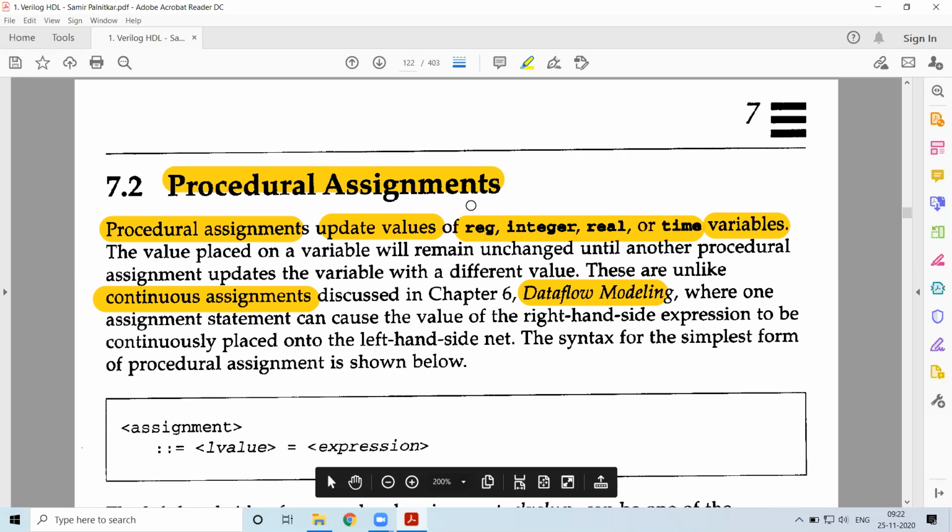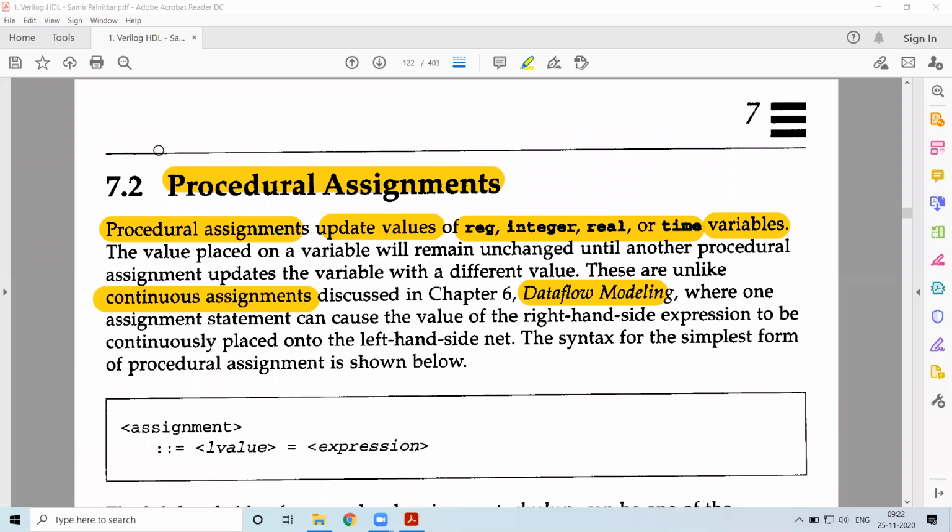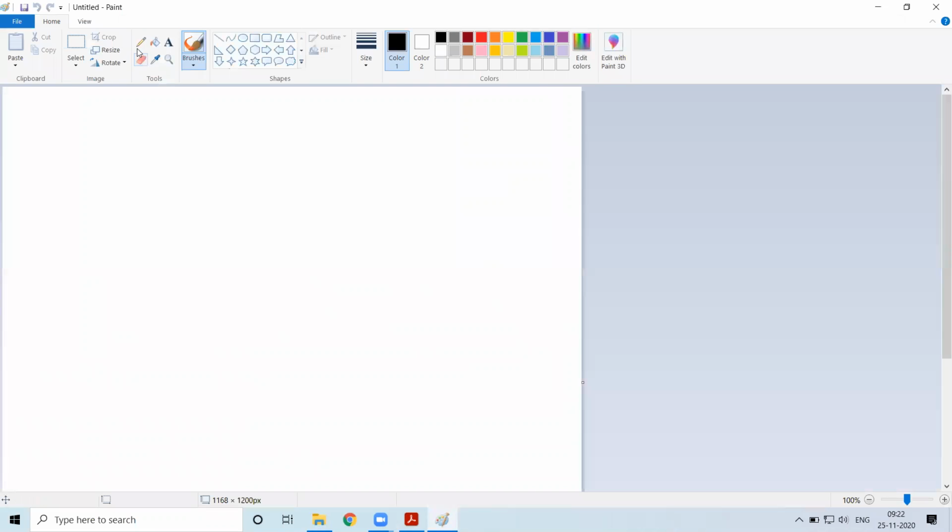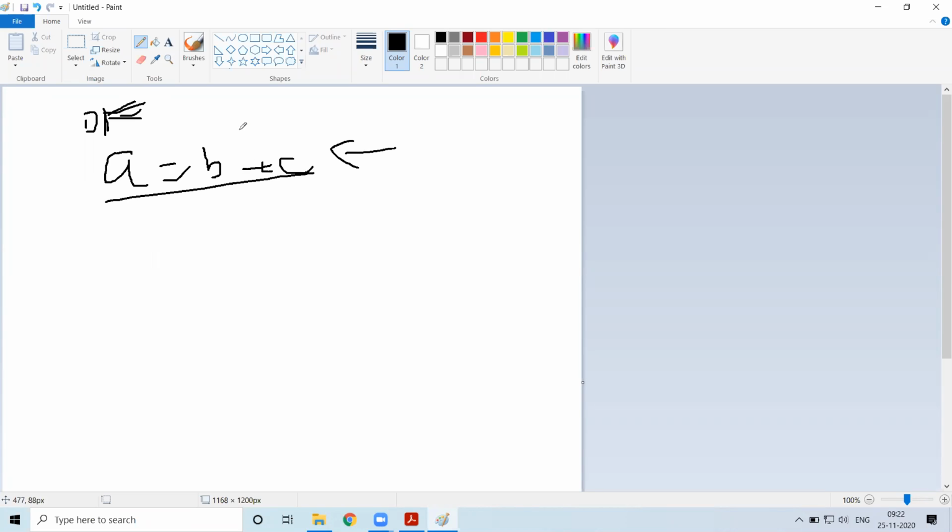Whereas in procedural assignments, this is not the case. Suppose I have a statement A is equal to B plus C, provided in data flow modeling. Initially it is executed, but when will a new value be assigned to A?